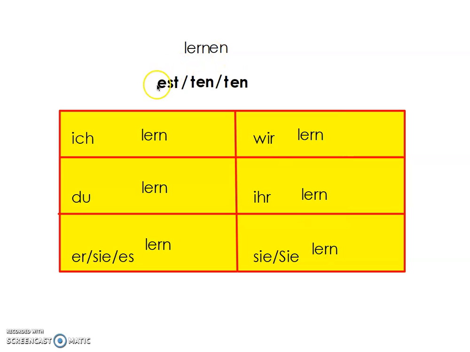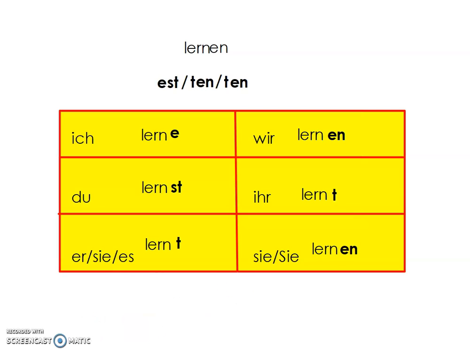And then we add our endings, E, ST, T, EN, T, EN, in order to conjugate each of these with the pronouns in German. So we end up with ich lerne, du lernst, sie, es, man lernt, wir lernen, ihr lernt, sie and Sie lernen.